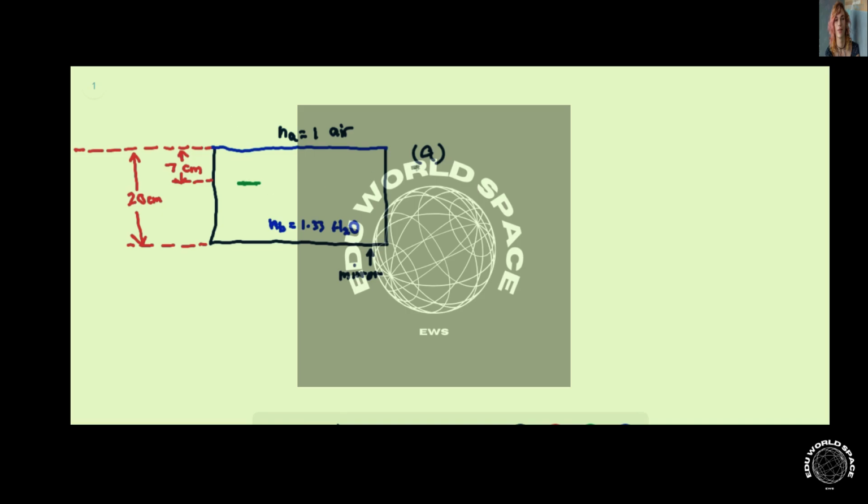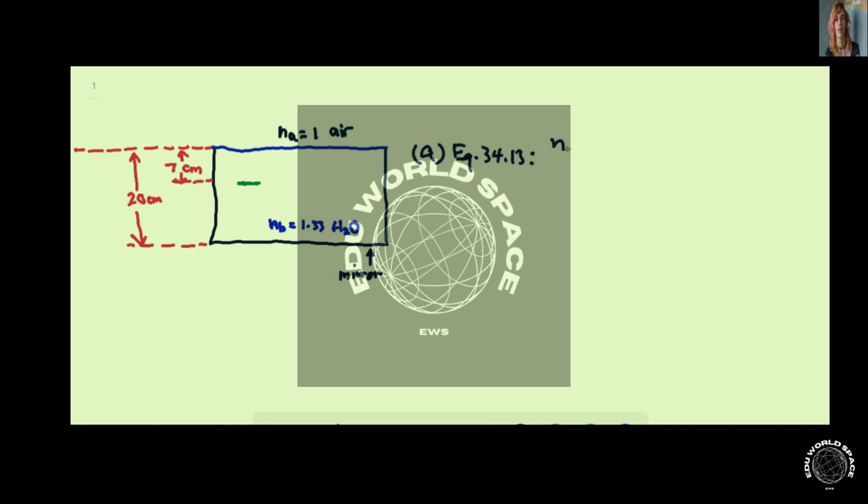So the way we'll solve this problem is to use equation 34.13. And this is the equation for a plane mirror, when you are in two different media.